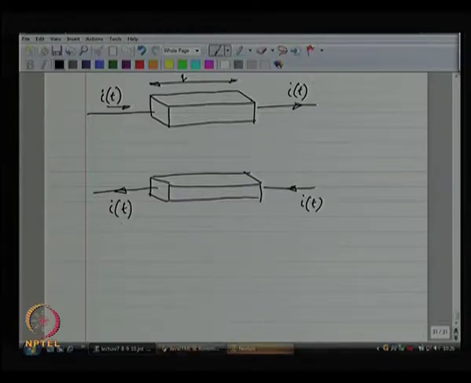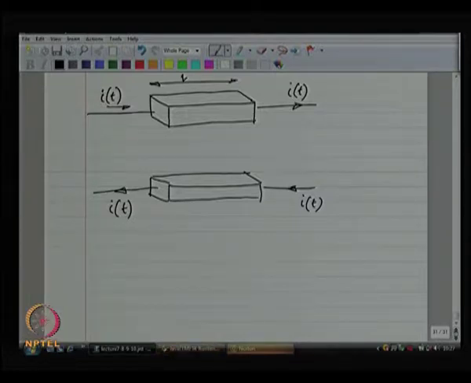Something like this. Now, this reminds you of a parallel pair of plates, right.